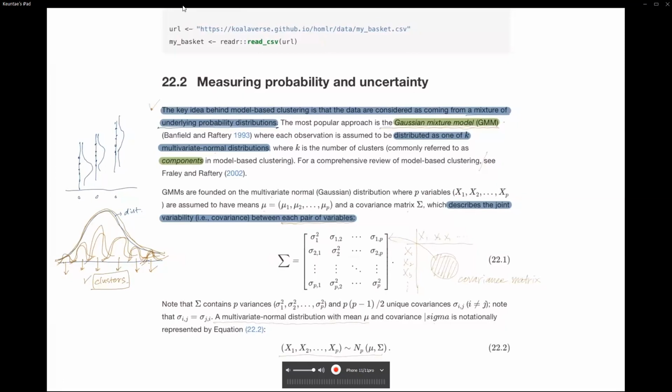Do you understand what this means? You can think of all of these small distribution curves as the number of clusters.